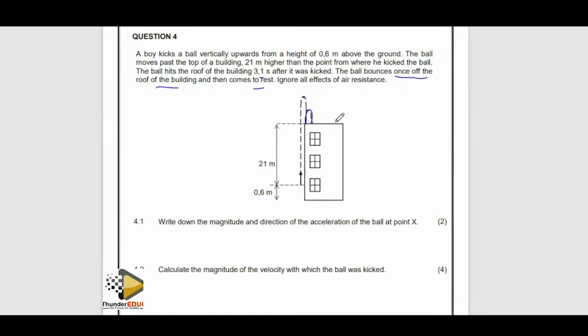Then they're asking us to write down the magnitude and the direction of the acceleration of the ball at point X. Where is point X?